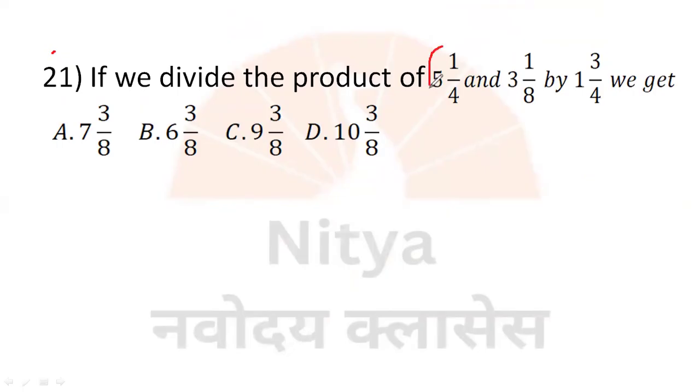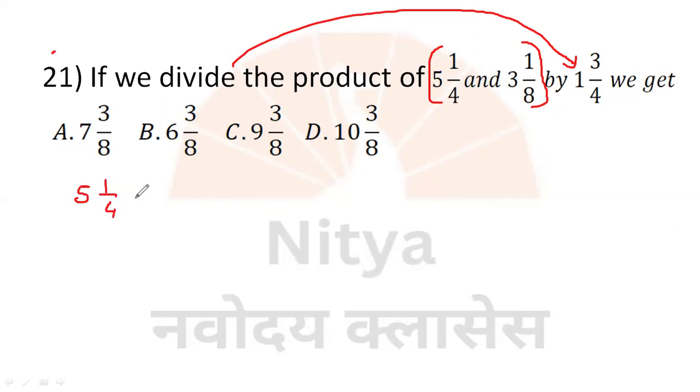Product means multiplication, you have to remember that, and divided by means division. So the product of these fractions is divided by 1 and 3/4, the divisor. So you have to take a division sign.